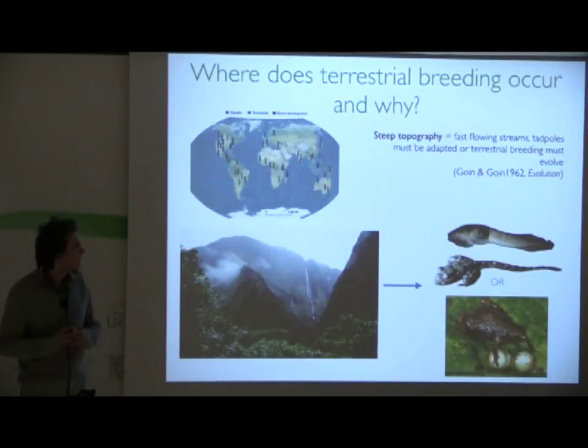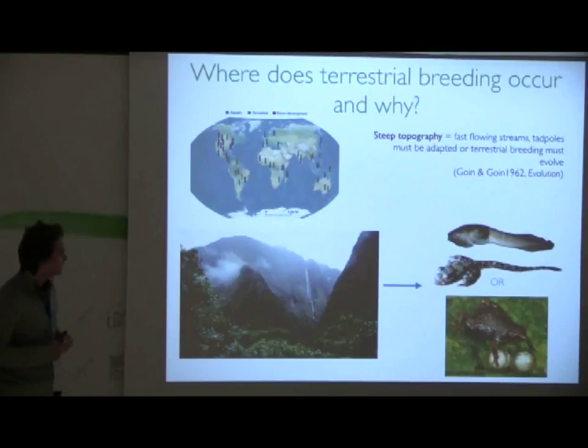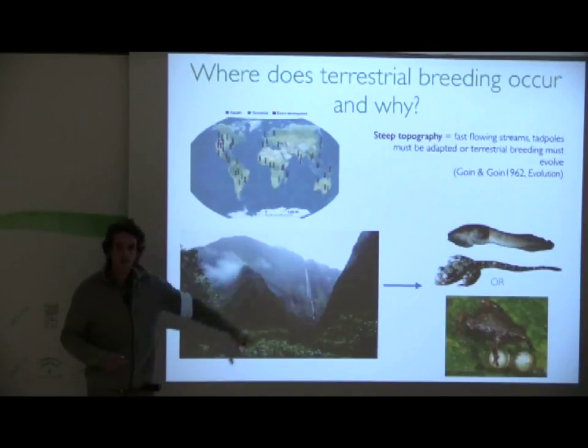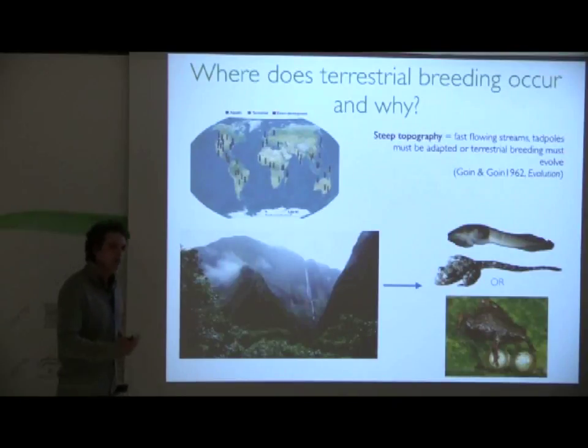So the first hypothesis was proposed by Goin and Goin in 1962, and they stressed that steep topography was important for the evolution of terrestrial breeding. They suggested that in montane habitat, where you find more fast-flowing streams and not many standing bodies of water, you'd either have to evolve tadpoles that are adapted to fast-flowing waters.